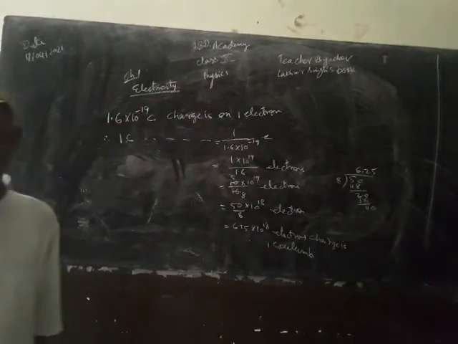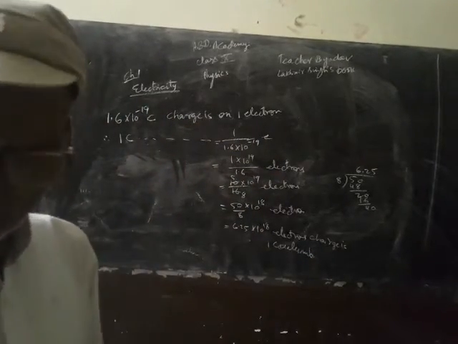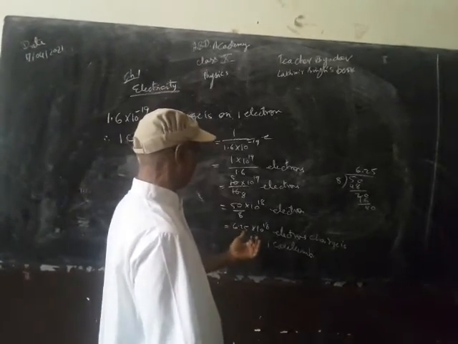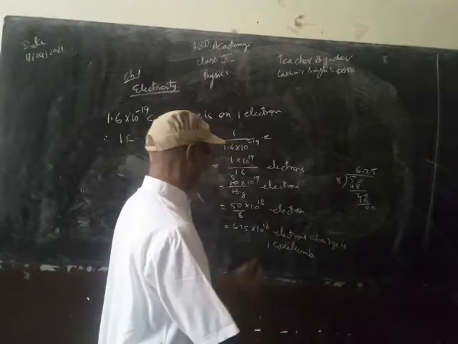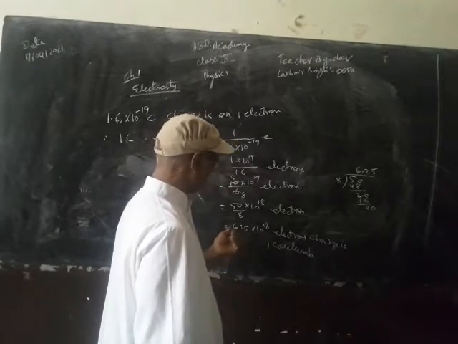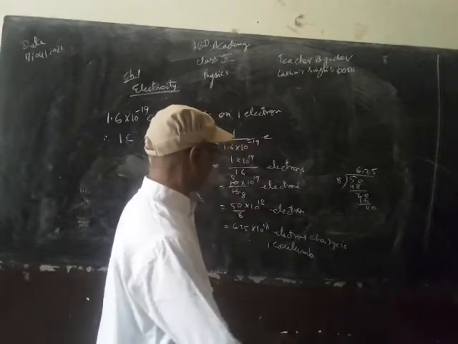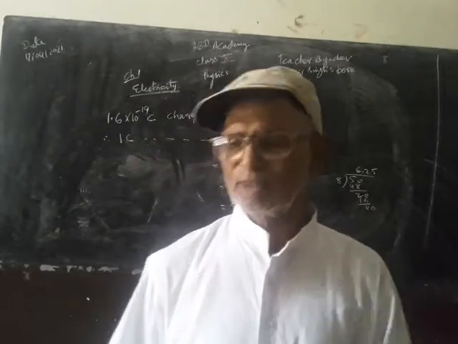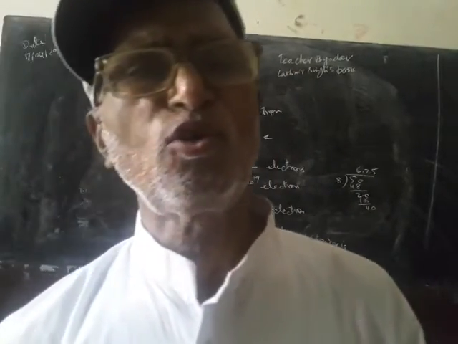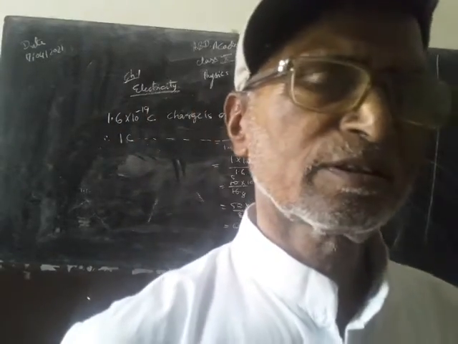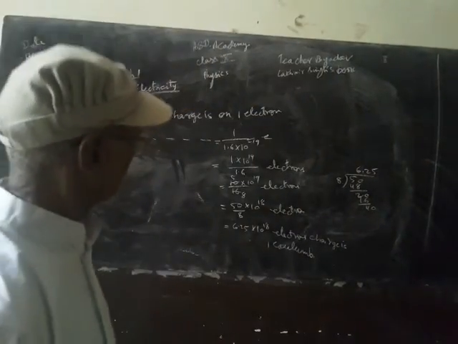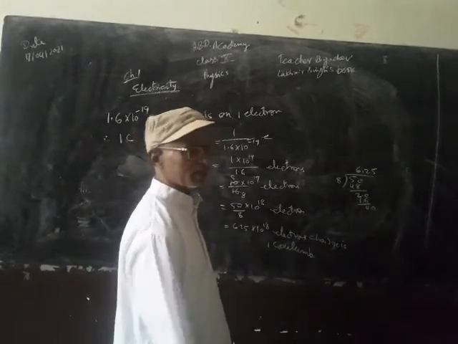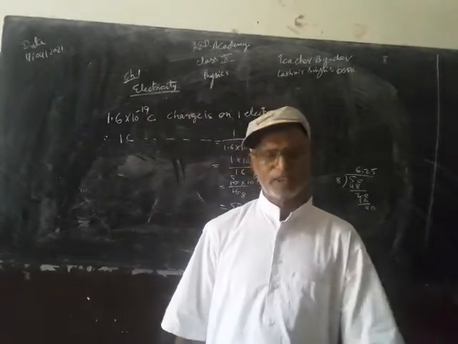The thing is very simple and clear. These cluster of electrons 6.25 into 10 to the power 18 means this decimal will go 18 places to write, means it will be very difficult to count the number of electrons. See, 6 is one place and 18 more places means 19 places.